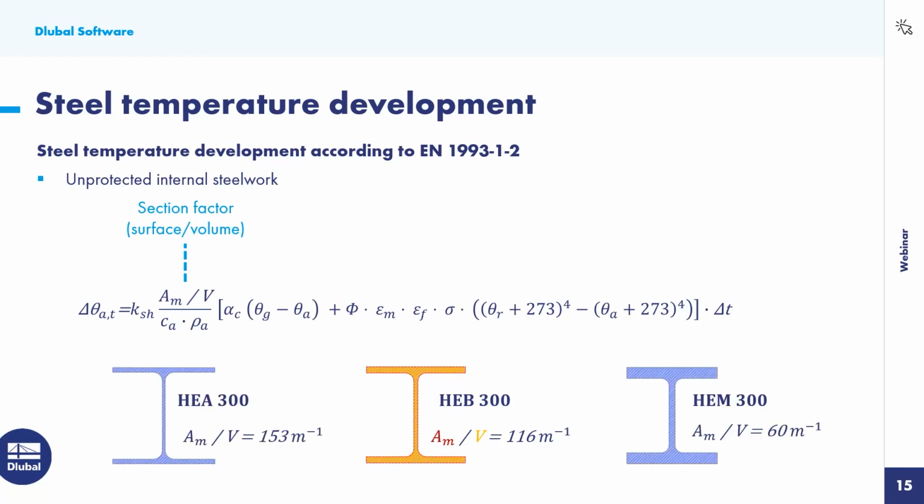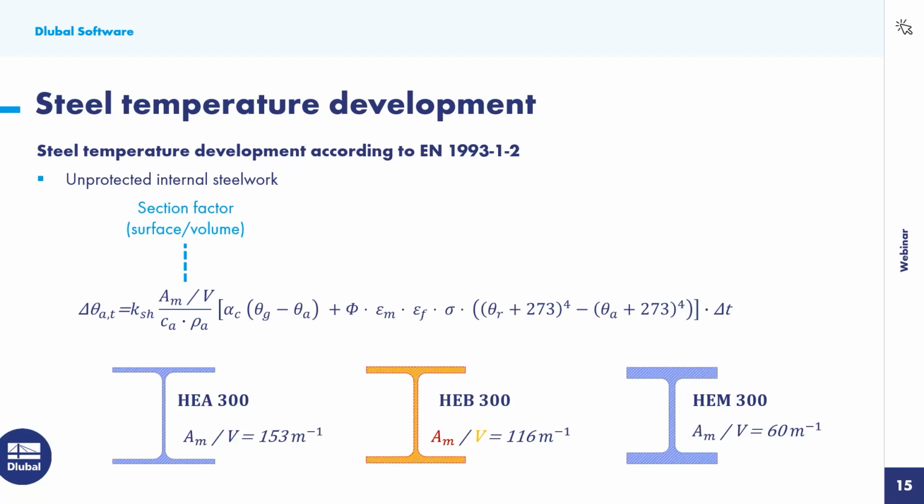If we now compare the three cross-sections shown here, so the HEA, a bit more slender than the HEB, and then the more compact section, HEM 300, we can see that the circumference of the profile hardly changes as the cross-section parts become thicker, while the cross-section area increases significantly.